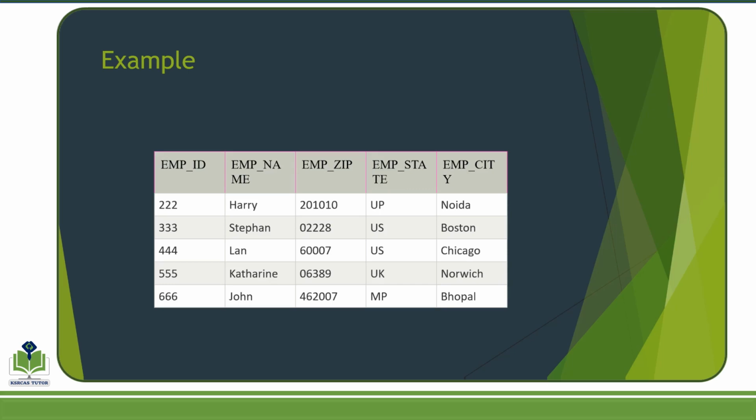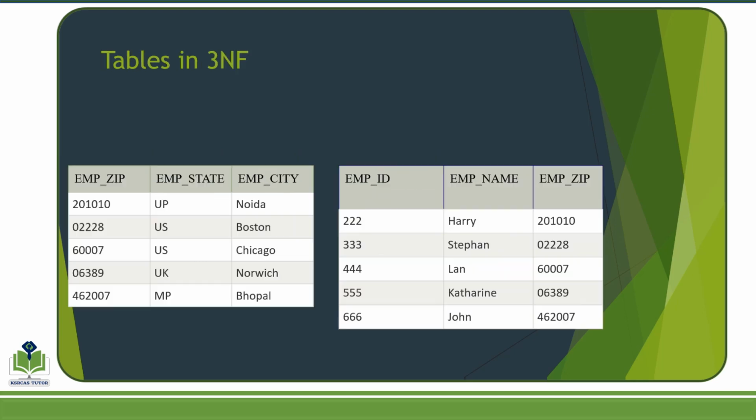To achieve third normal form, we have to decompose this table into two tables as follows. So now we have split the table into two. The first table has three fields: employee zip code, employee state and employee city.